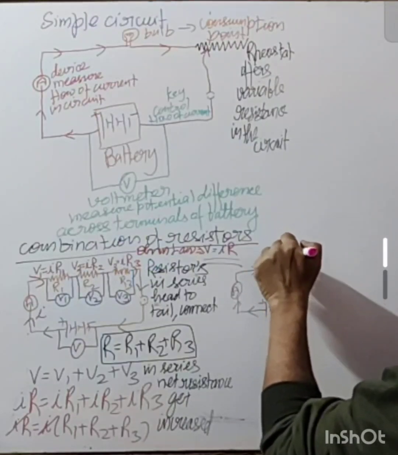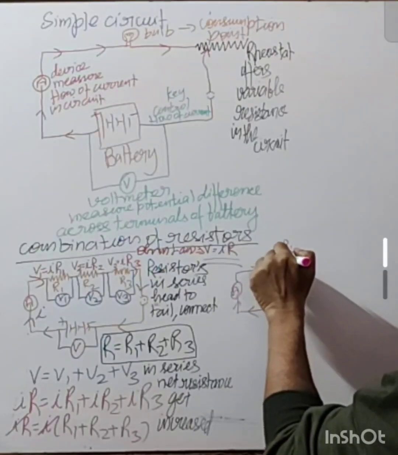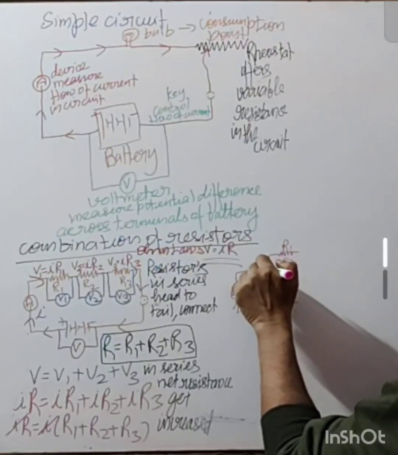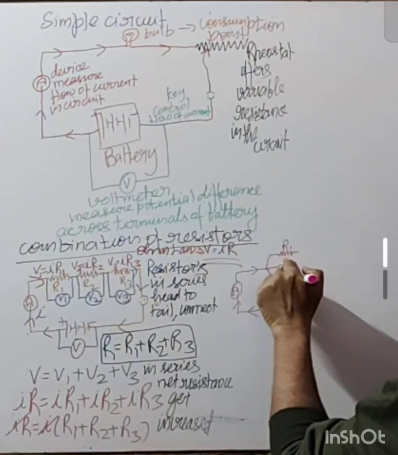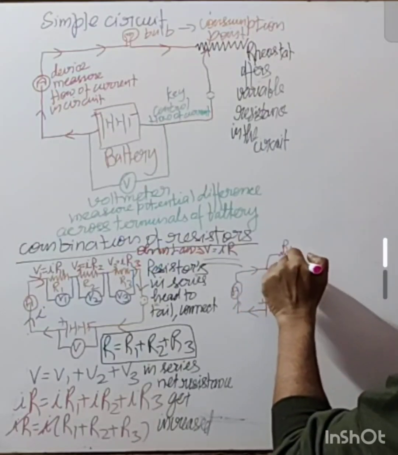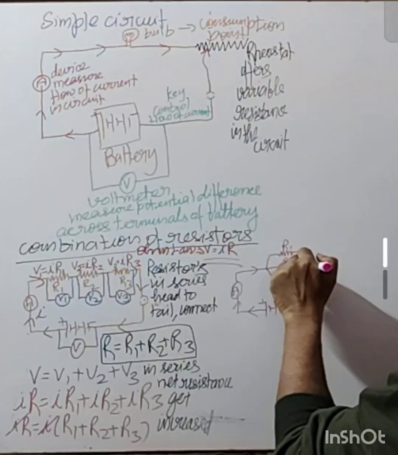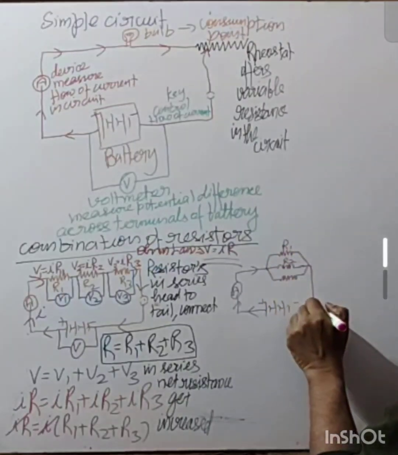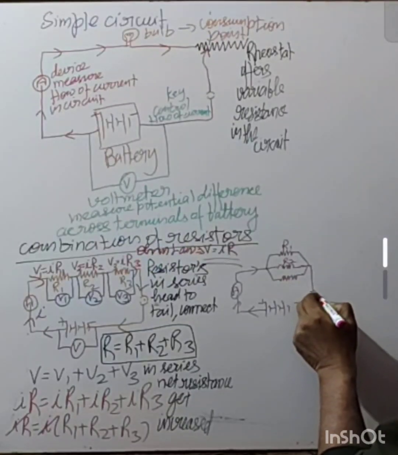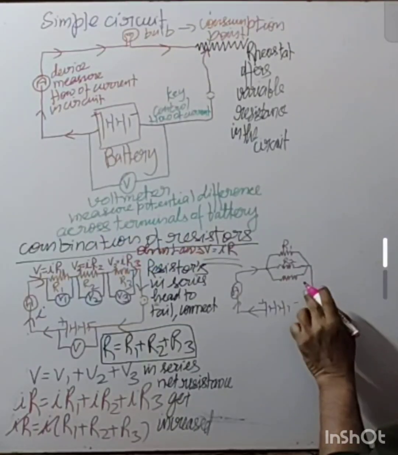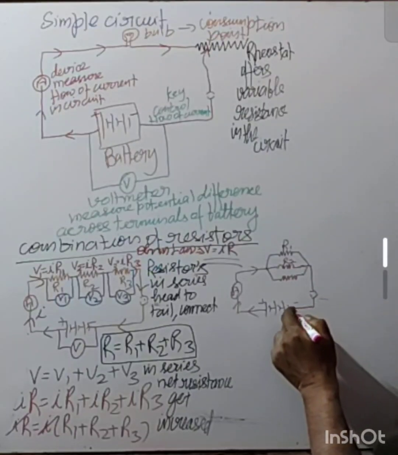R1 here, R2 here, R3 here, right? There is a key, and this is the circuit.